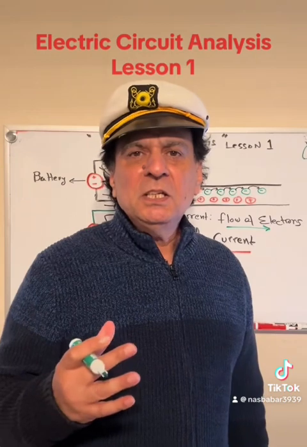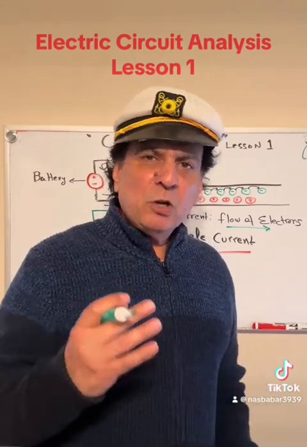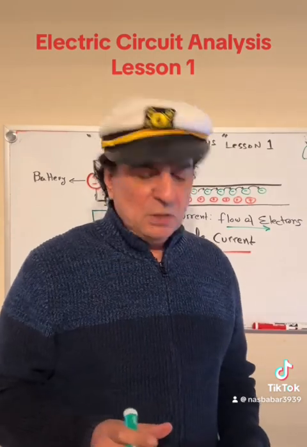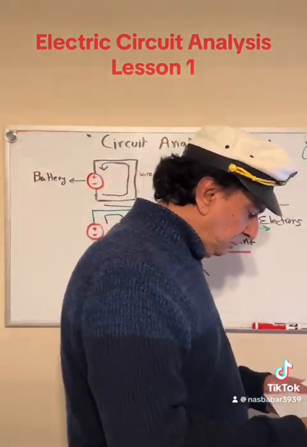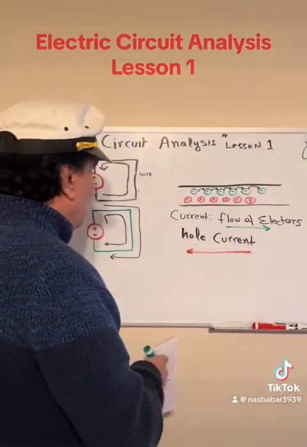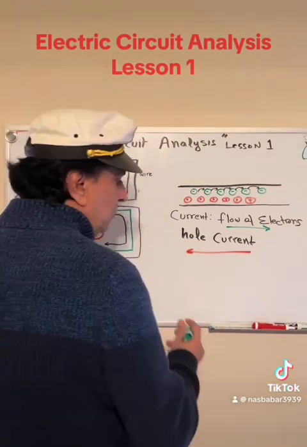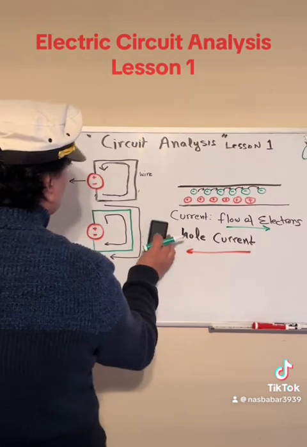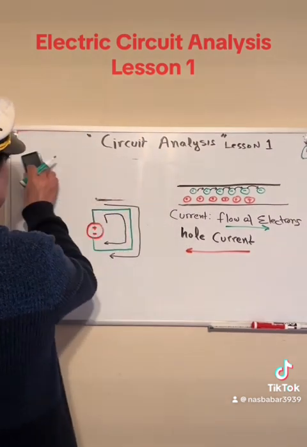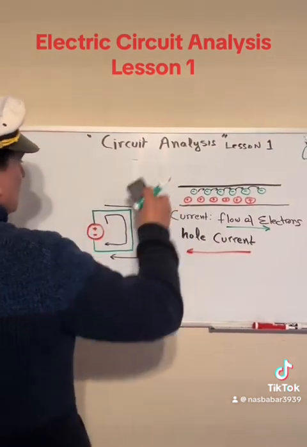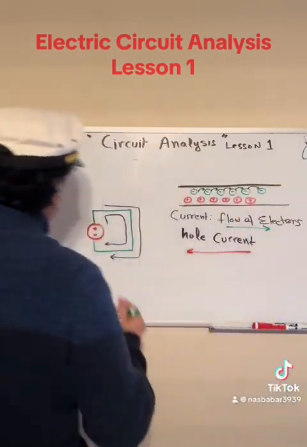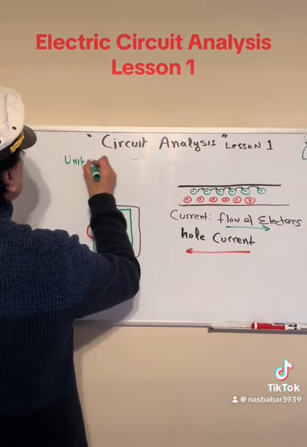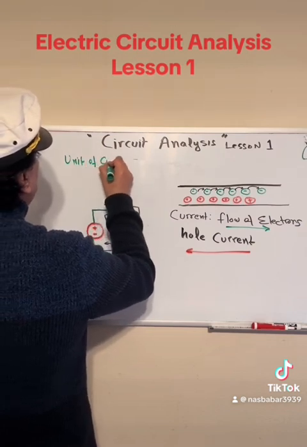And you will see, once we progress and dive into circuit analysis and try solving equations, what I'm talking about. Okay, now let's see what is the unit of current. I'm going to erase that because we're going to stick with this. The unit of current is amperes.